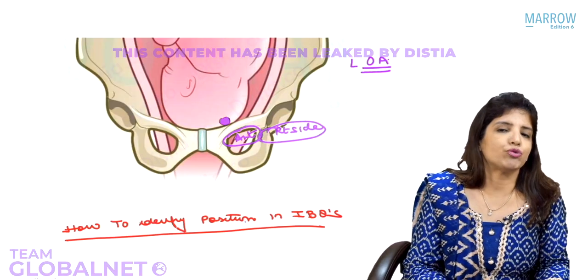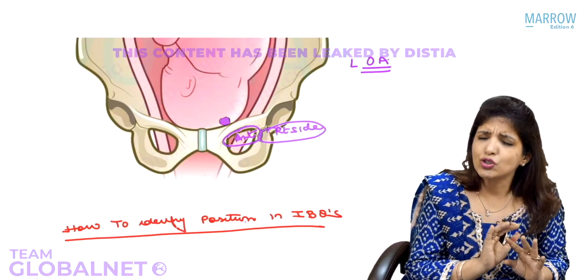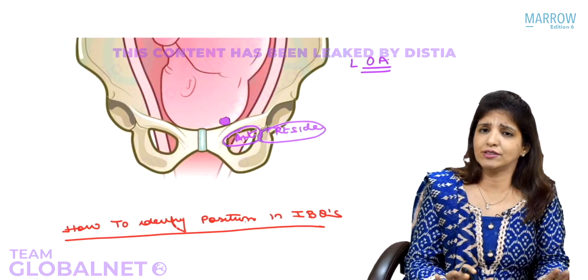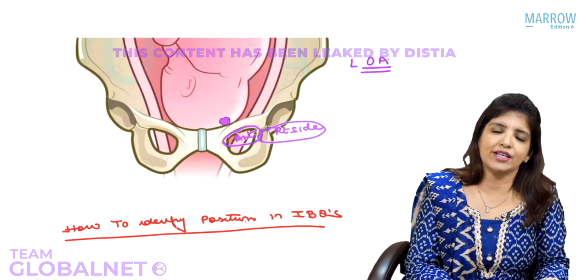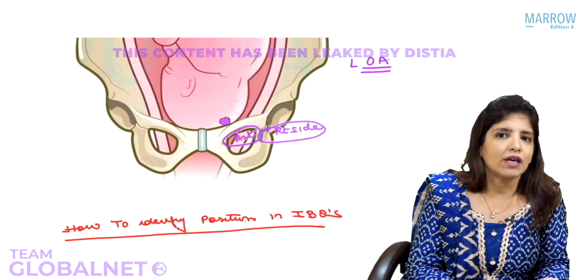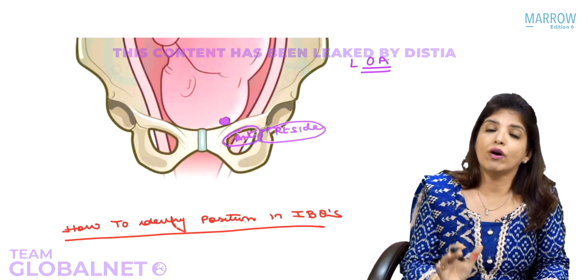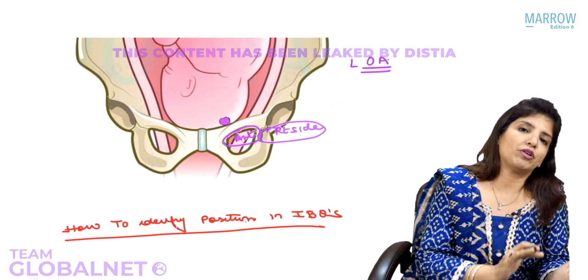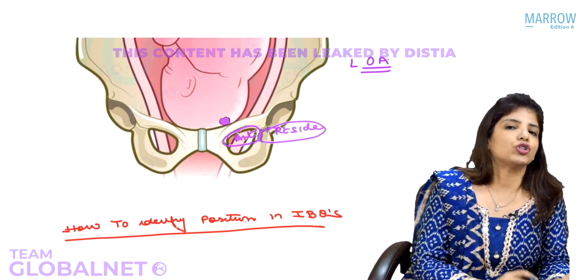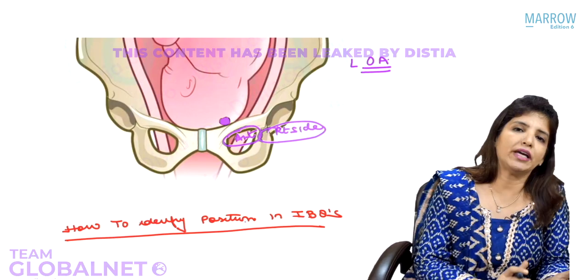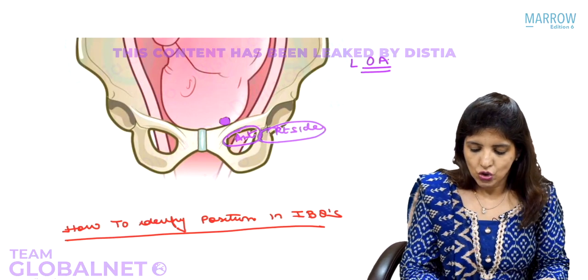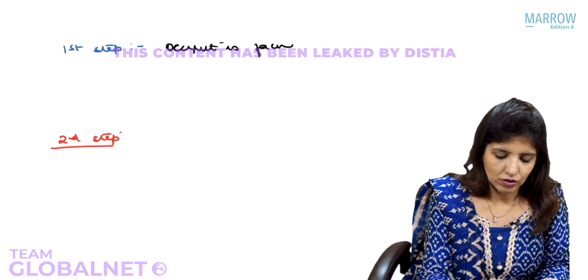And because I know you're going to make a mistake in left and right, please don't think about anything else. Just think about what I said just now, that if in the image it is appearing towards your left hand, in the mother, it will be right. And if it is appearing towards your right hand, in the mother, it will be left, right? So, I want you to write this step, how to identify the position. First step is you have to see where the occiput is facing, right?